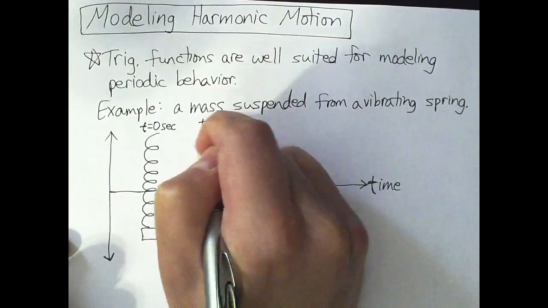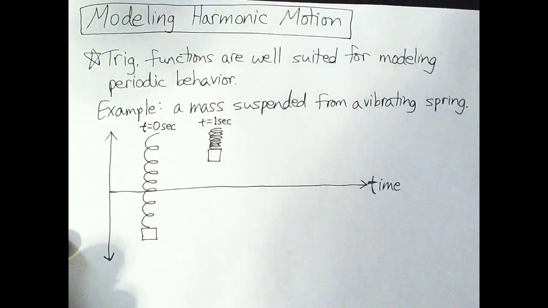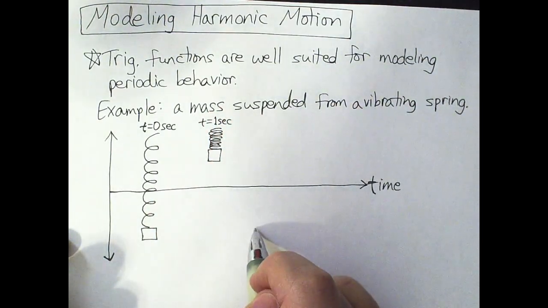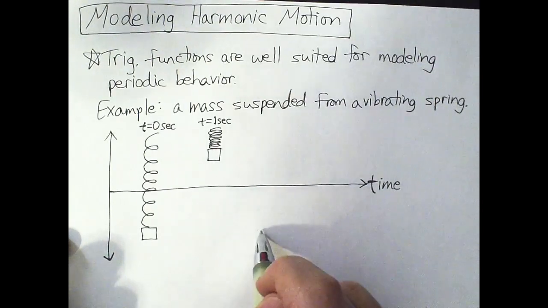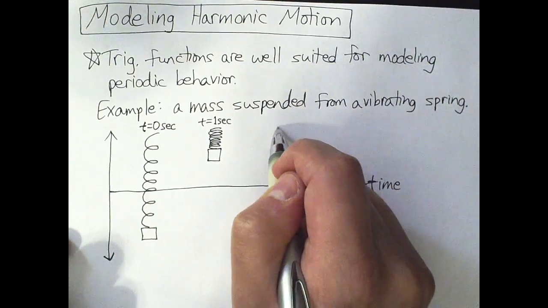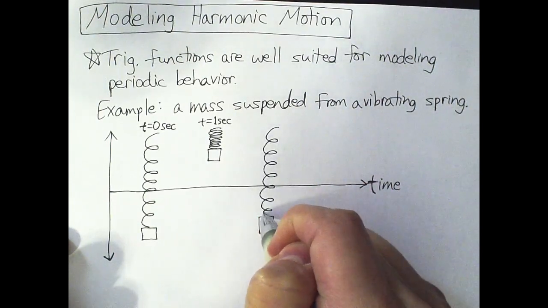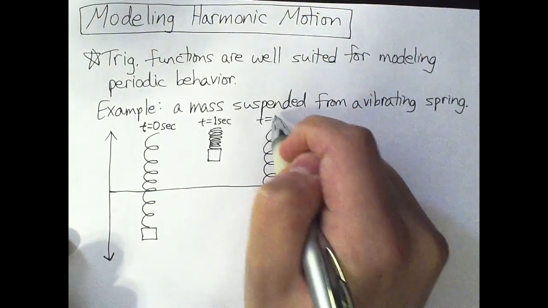This is at t equals 1 second. And maybe 1 second after that, it has bounced back down. The spring looks like this again. So this is at t equals 2 seconds.